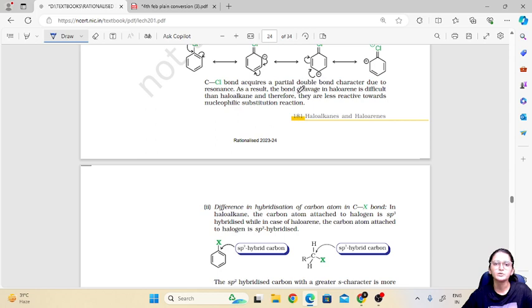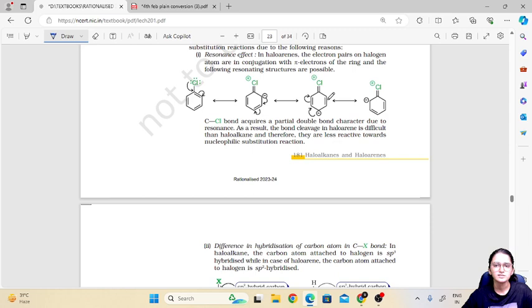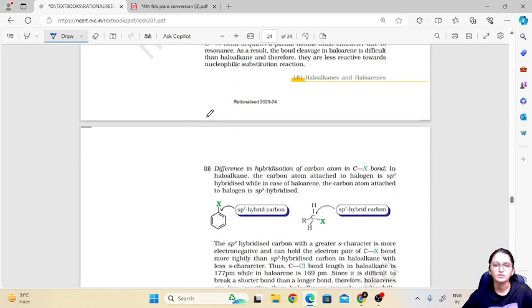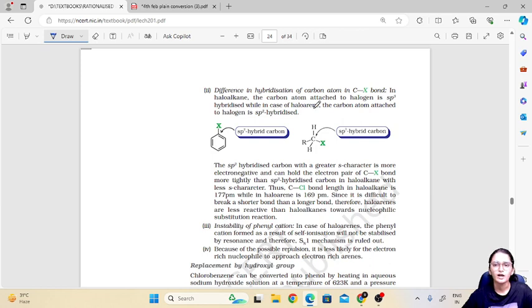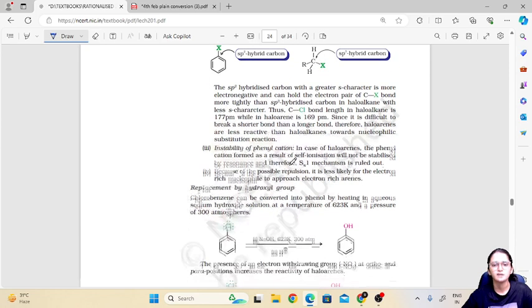Now the carbon-chlorine bond acquires a partial double bond character due to the resonance, meaning we cannot break the bond easily in the benzene ring. So they are less reactive towards nucleophilic substitution reactions. Then there is a difference in hybridization of the carbon atom in the carbon-halogen bond. Whenever a halogen atom is directly attached to the benzene ring, it is an sp2 hybridized carbon, while the halogen in a normal aliphatic compound is attached to an sp3 hybridized carbon.